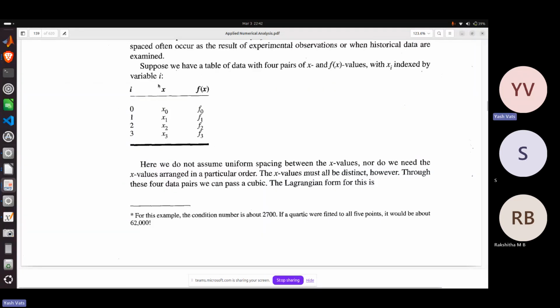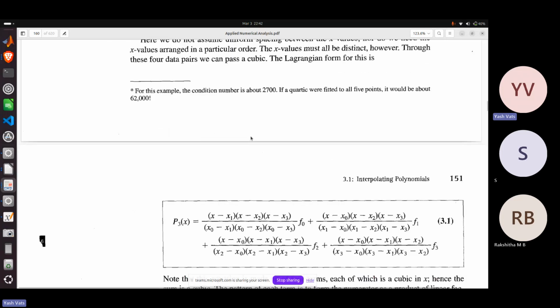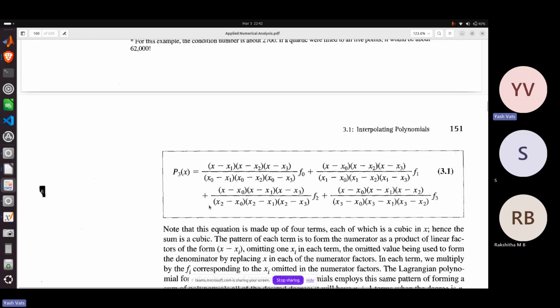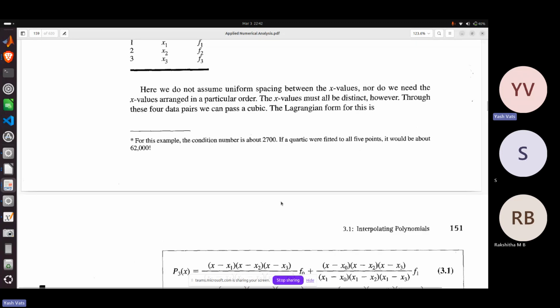So at these points, x naught, x1, x2, x3, you define f at x naught as f naught, x1 as f1, x2 as f2, like this you define. And then you just use, yeah, so P3(x) is for cubic. I'm not deriving how this is coming, but you can verify it.